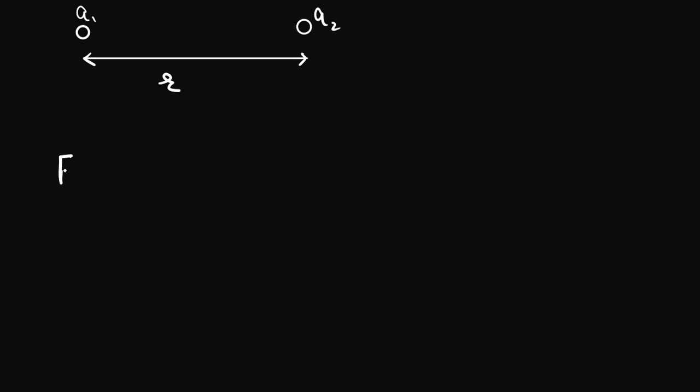Then the magnitude of force between them, if this setup of two charges is kept in either air or vacuum, then the force of attraction or repulsion depending on their nature will be 1 by 4 pi epsilon naught q1 q2 divided by r square.